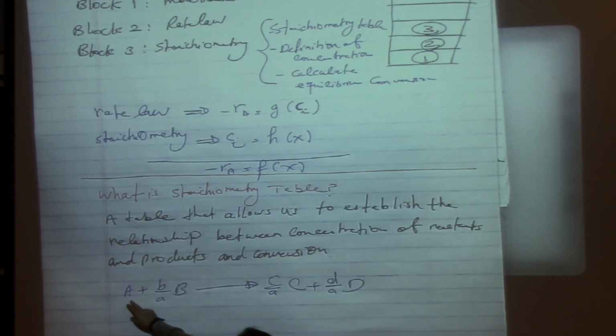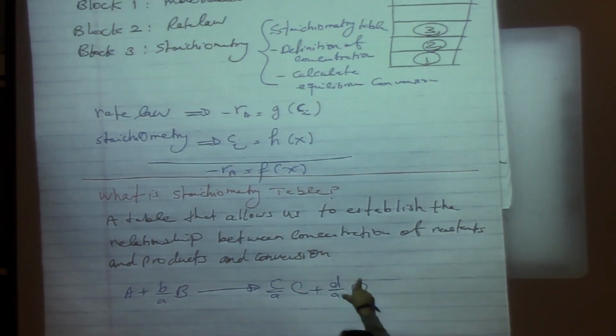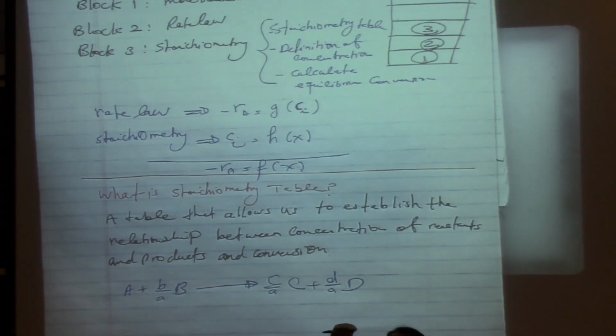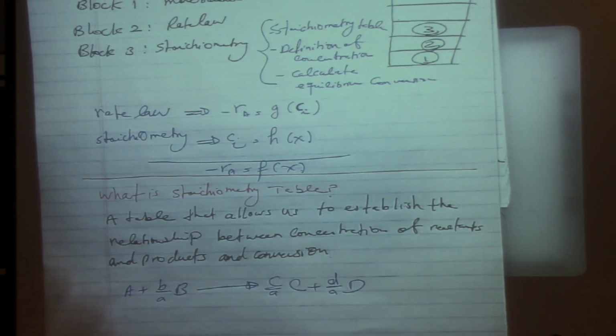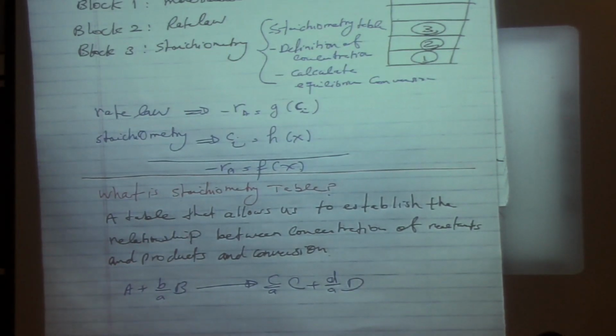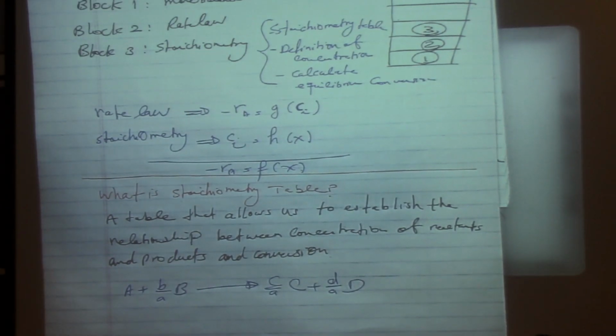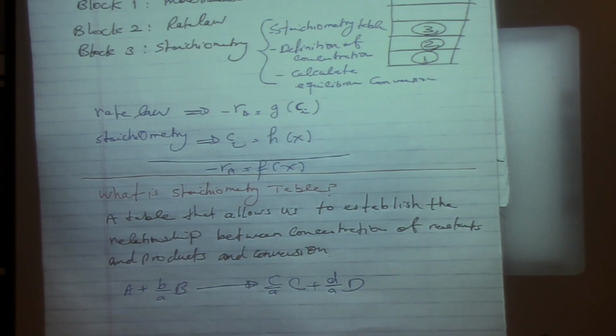We consider A to be the limiting reactant. I'm going to use A, B, C, and D and show how much of A is consumed, how much of B is consumed, how much of C is produced, and how much of D is produced in the table. Then I add them together, and you will see how the table works, so you can apply it to calculation of the conversion and rate law.